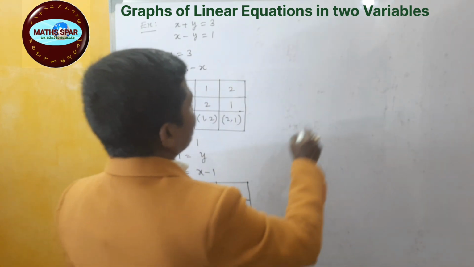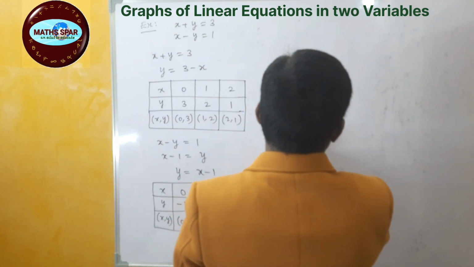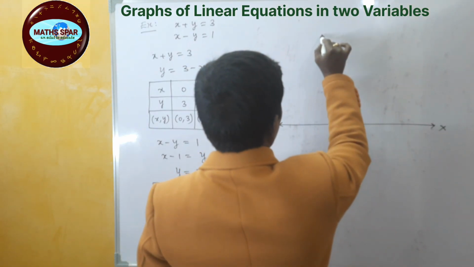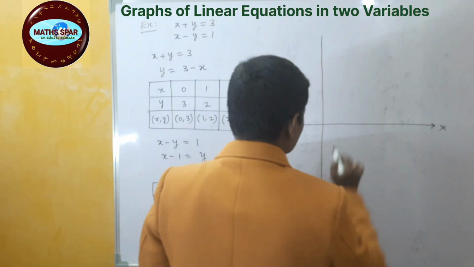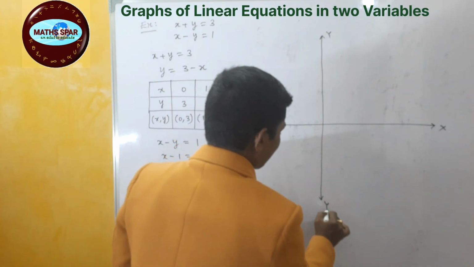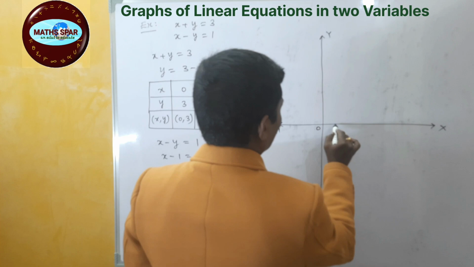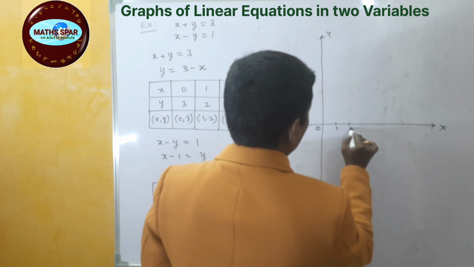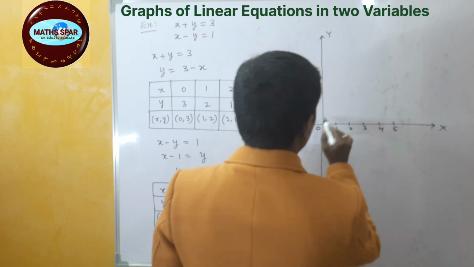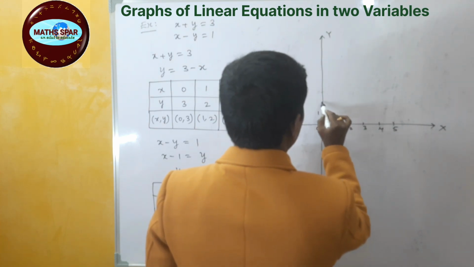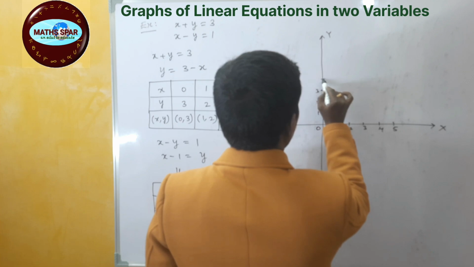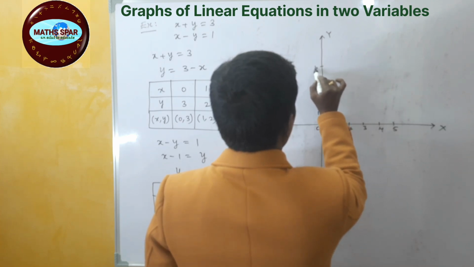Now how do we plot this on the graph and show? X-axis, y-axis. Now 0, 1, 2, 3, 4, 5, then 1, 2, 3, 4, 5.